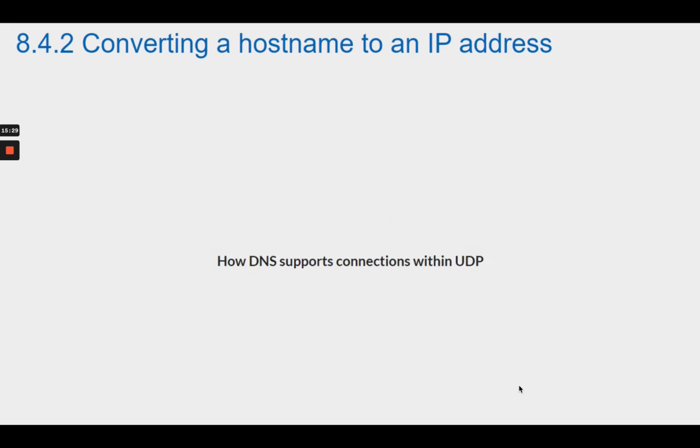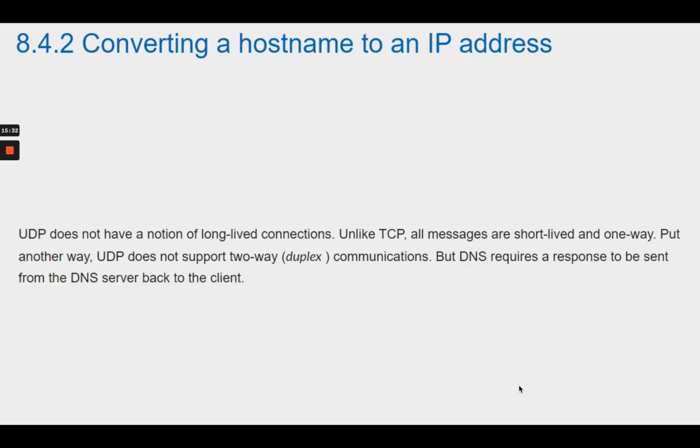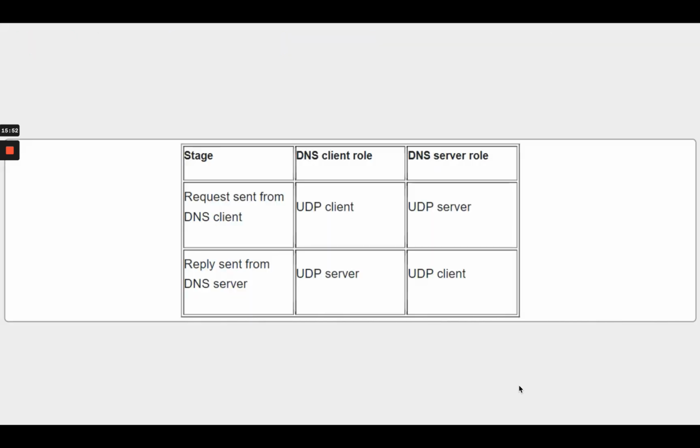How DNS supports connections within UDP. UDP does not have a notion of long-lived connections. Unlike TCP, all messages are short-lived in one way. Put another way, UDP does not support two-way or duplex communications. But DNS requires a response to be sent from the DNS server back to the client.